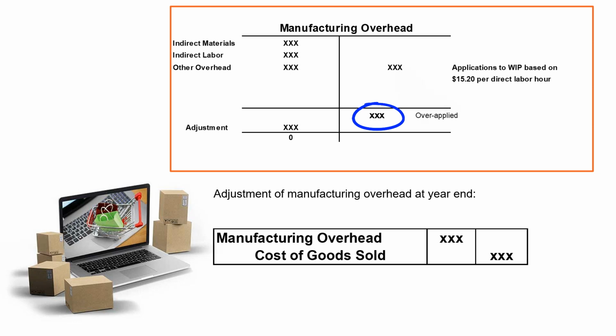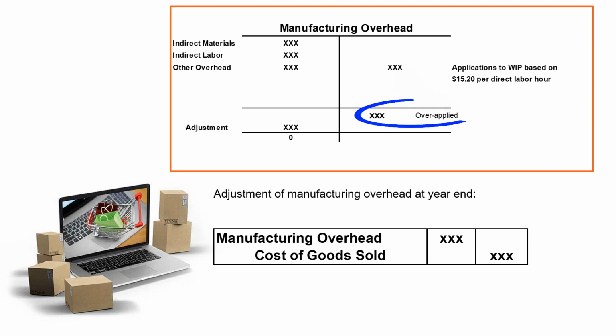Again, this manufacturing overhead account is just a temporary holding account and has to be cleaned out. What we have here is a credit balance, and this credit balance actually represents an over-application.